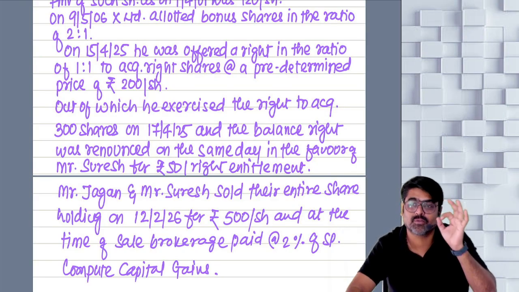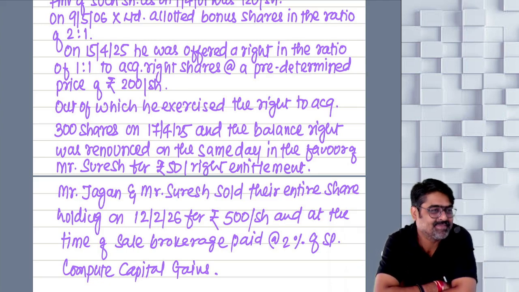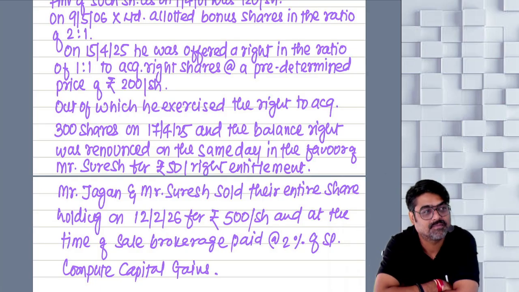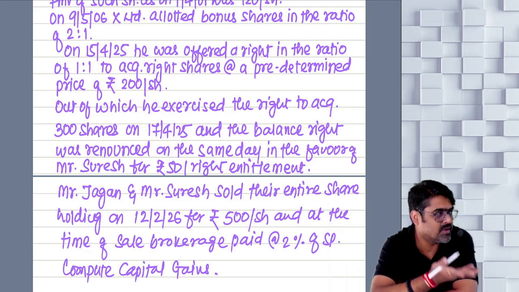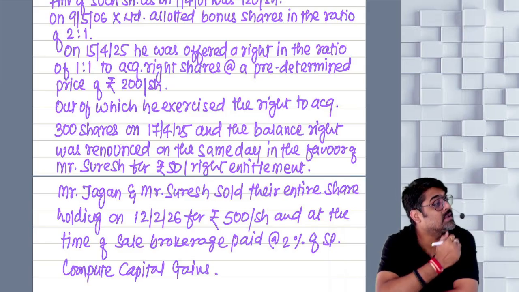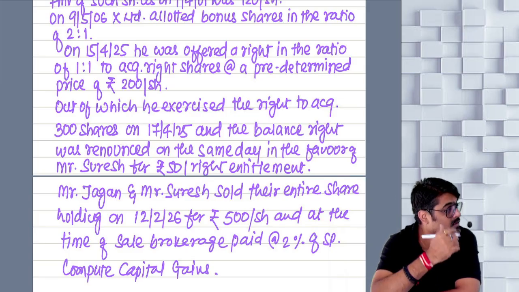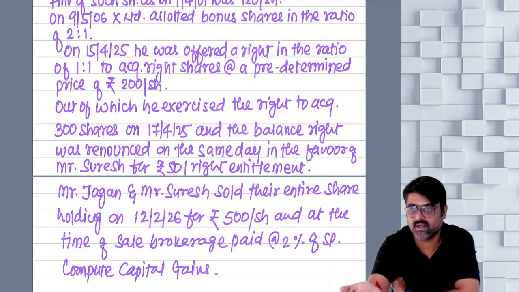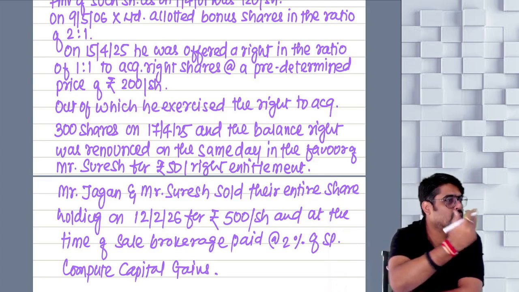22,500 minus what will be the cost of acquisition of the rights which you have transferred? Nil. Common sense. You got the right from the company just because you are the shareholder. Just because you are the shareholder, you got the right to acquire 750 shares. Out of them, 300 rights you exercised, 450 you renounced.